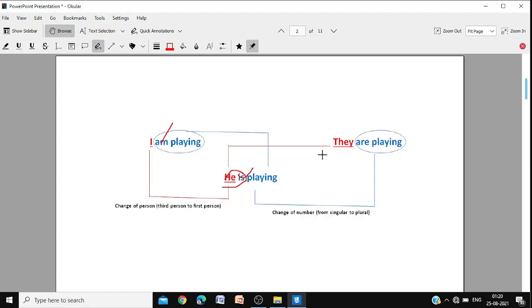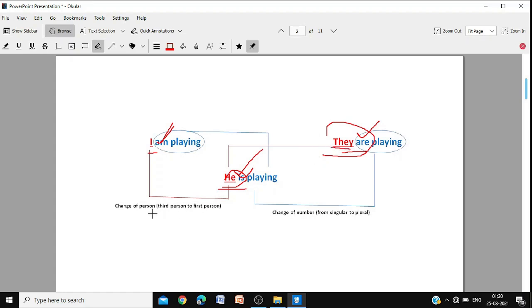When we change it to they are playing, we again find that it changes. So am playing, is playing, are playing. Here we have the first person, third person singular, and third person plural.